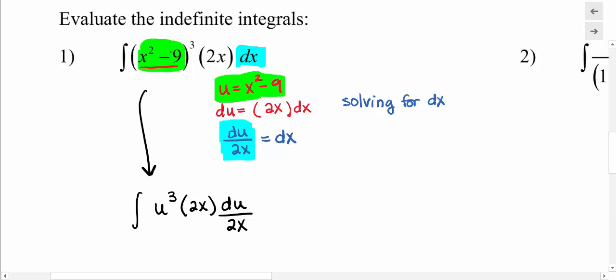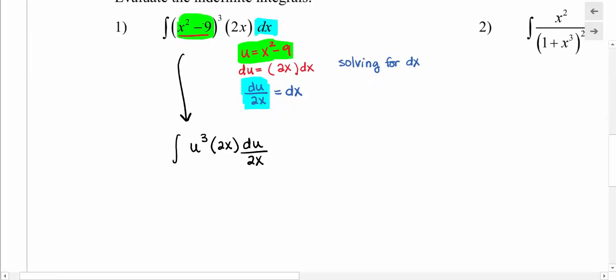And if you have chosen the right function for u, you should notice that after a little bit of maybe algebraic manipulation, your new integrand, or what you're taking the antiderivative of, should look easier than your previous one. So for example, 2x divides by 2x and leaves a 1.